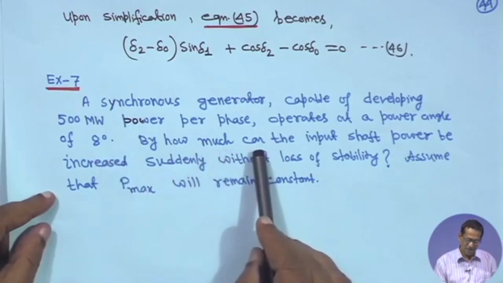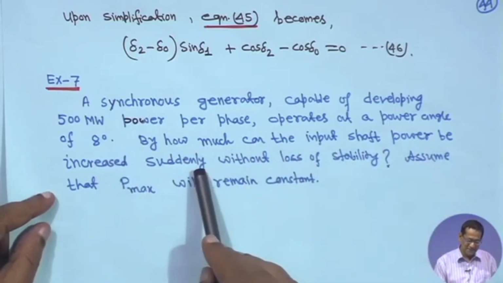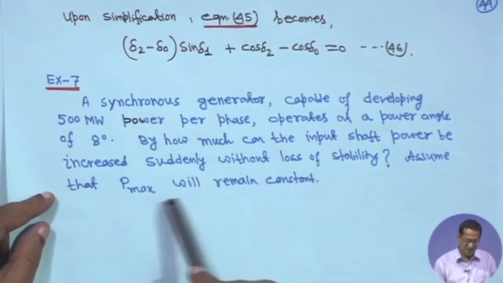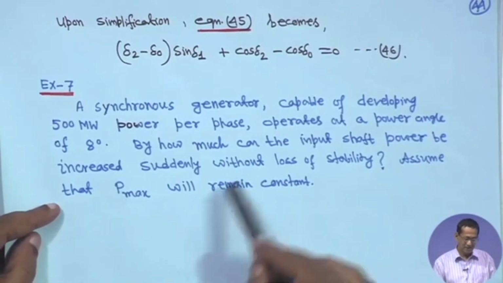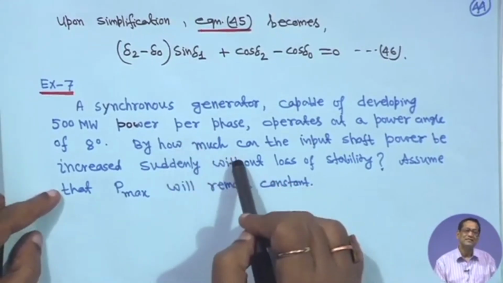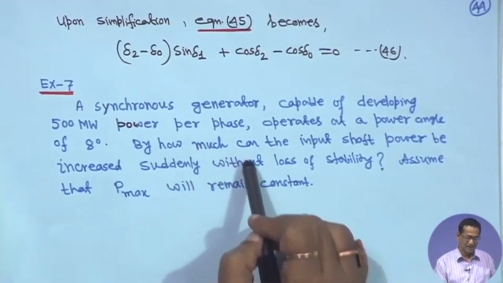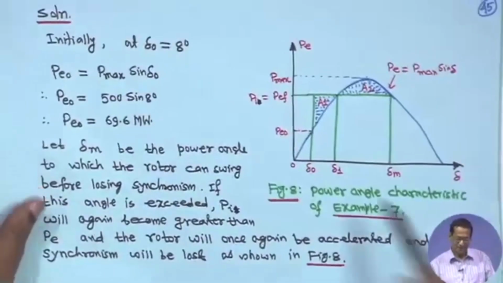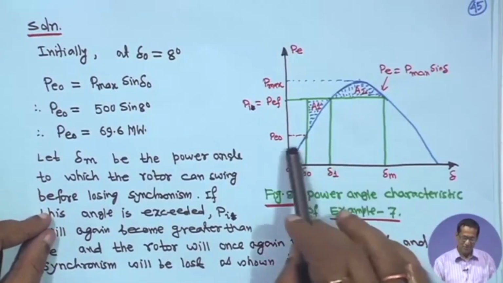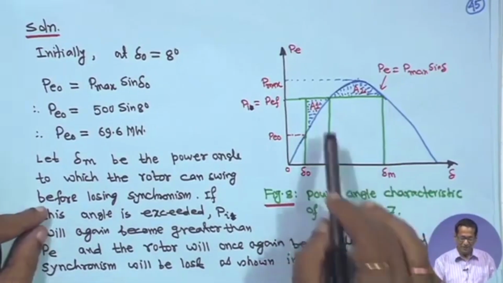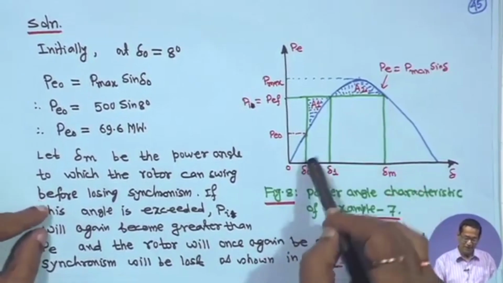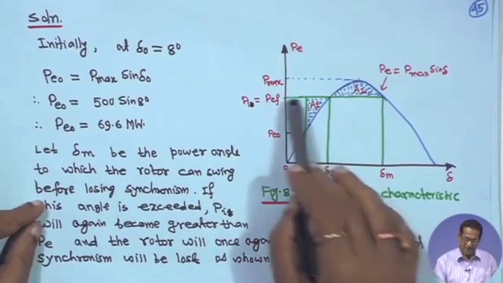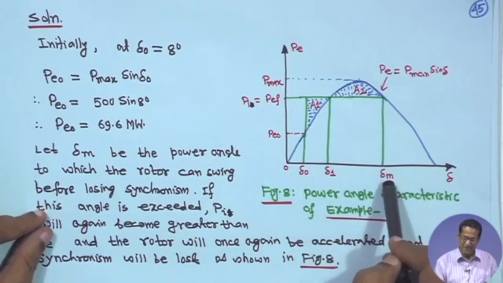By how much can the input shaft power be increased suddenly without loss of stability? Assume that P max will remain constant. Somewhere you will find this kind of problem taken as a mathematical development. So, this is P 0, suddenly it has increased to P I, and this is the maximum angle it can go up to, delta m.